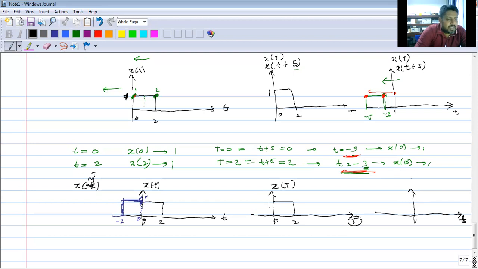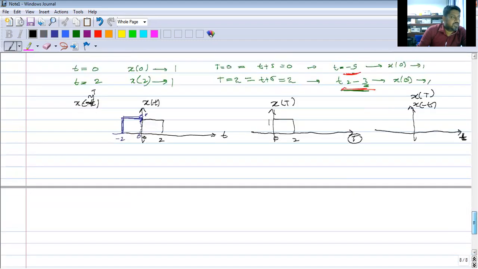So here I can write it is x(T) or x(-t). Both are correct. In the same manner, you can get any points. So I will get the 2 points as in the previous example. This is the first point and this is the second point.